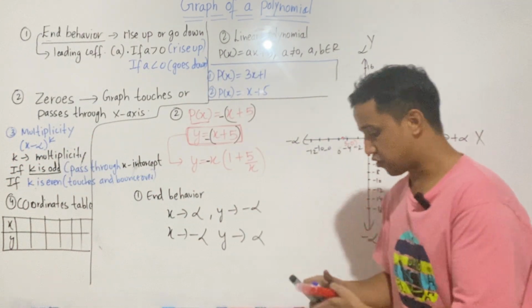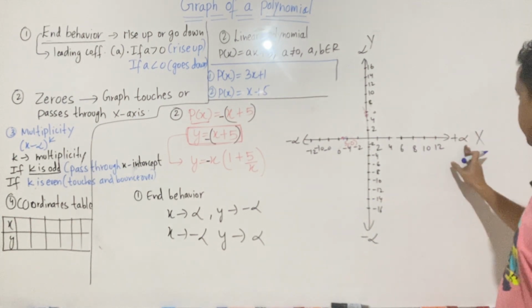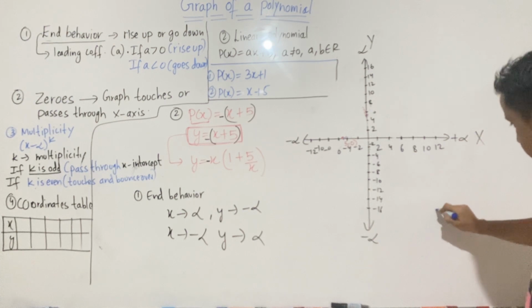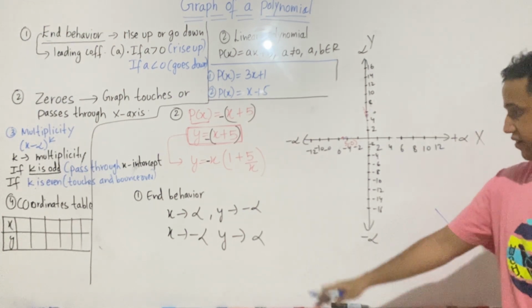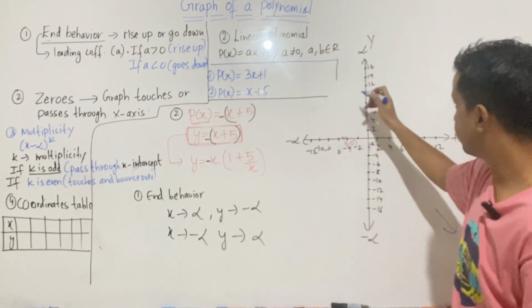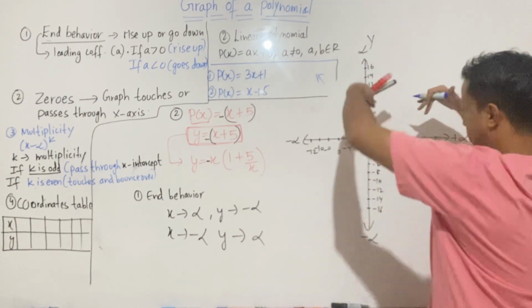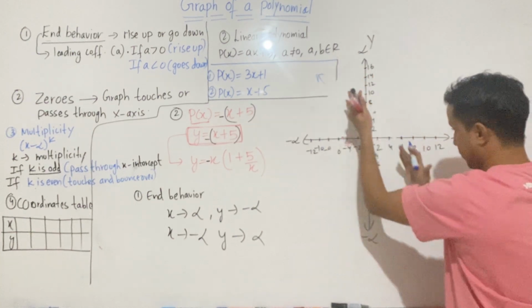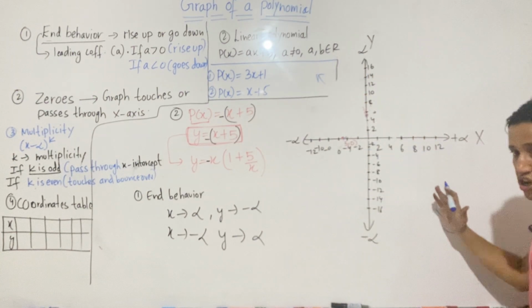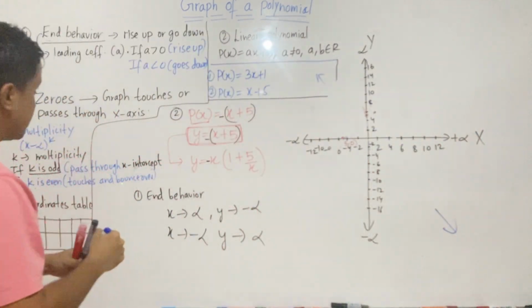Okay, now see here, check the end behavior on the graph. x infinity, y minus infinity means here, and x minus infinity, y infinity means this side. So your graph is going to be this, okay? This means going down. Why?